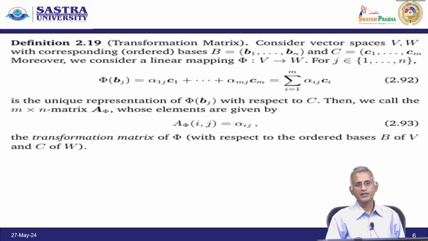Now, we have a transformation matrix. Consider the vector spaces V, W with corresponding ordered bases B equal to b1, b2 and so on bn, and C equal to c1, c2 and so on cm.